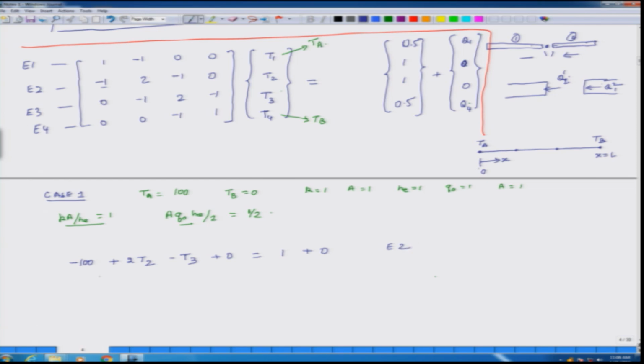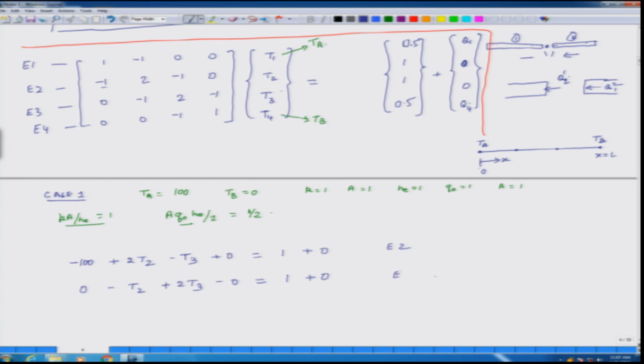The second equation is equation 3. So, that is 0 times T A, so that is 0, minus 1 times T 2, and then 2 times T 3, and then minus 1 times T 4, and T 4 is 0 degrees, right, which is T B. So, this is 0 and this equals again F3, 1 plus Q3, 0.